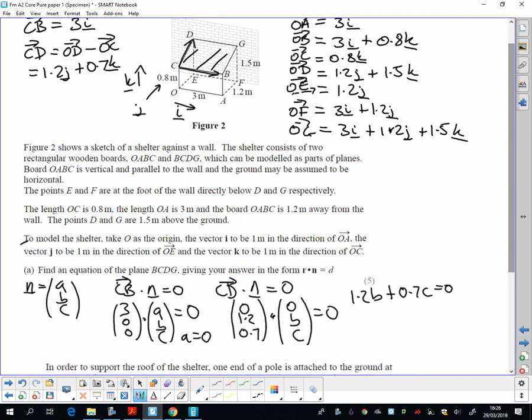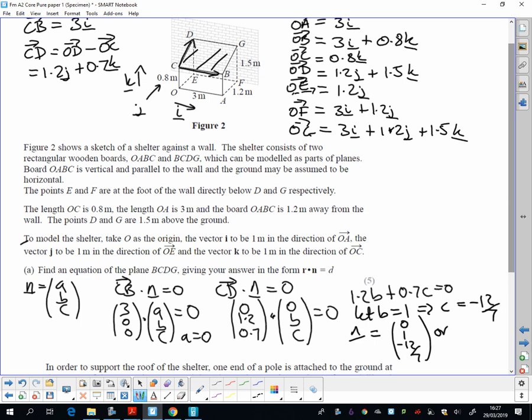Now remember, for the normal, I just want any vector that is perpendicular to both the other two. And there's going to be an infinite number of answers because they're all going to be scalar multiples of each other. So I'm just going to say what happens if B is 1. If B is 1, then I get C is negative 12 over 7.